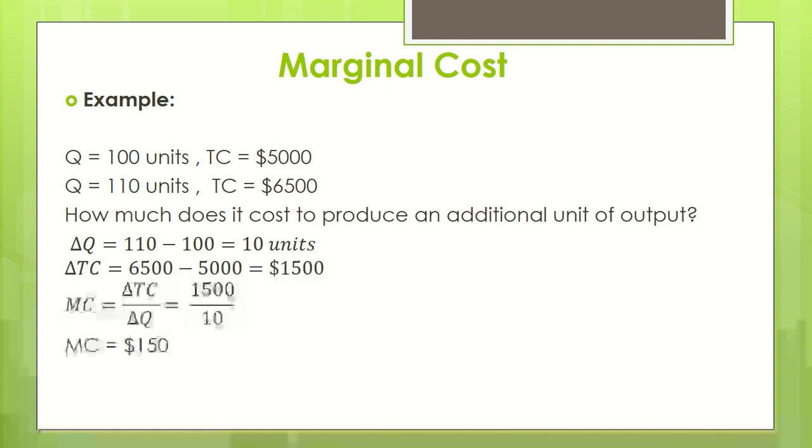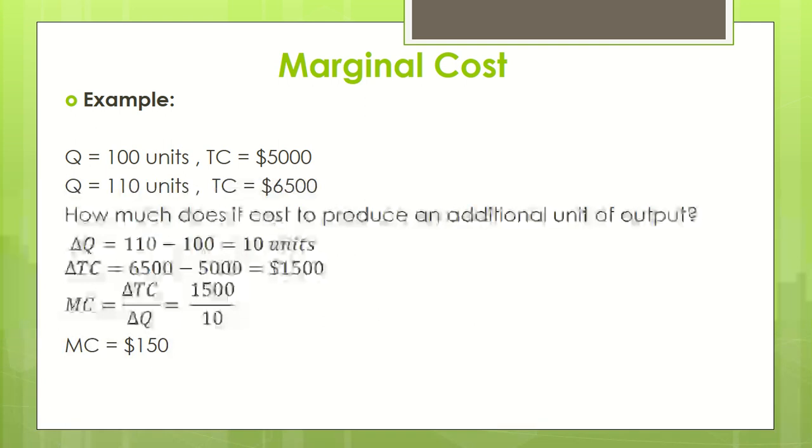Now let's suppose the output of the firm has increased from 100 units to 110 units, and the total cost increases to $6,500. Initially the Q was 100 units and the total cost was $5,000, but after some time the output has increased to 110 units and the total cost has increased to $6,500. Now the question is, how much does it cost to produce an additional unit of output?